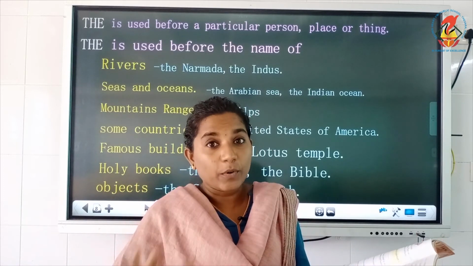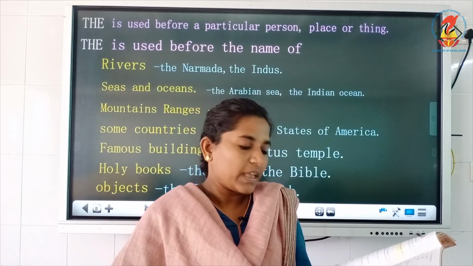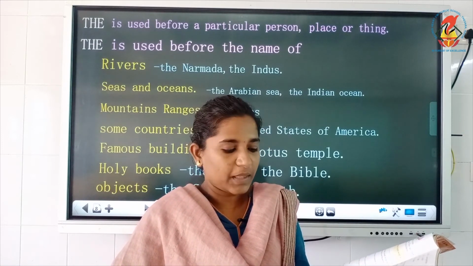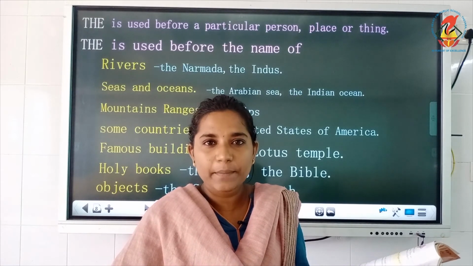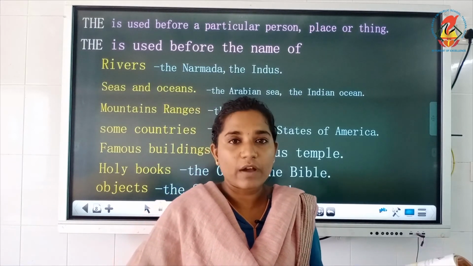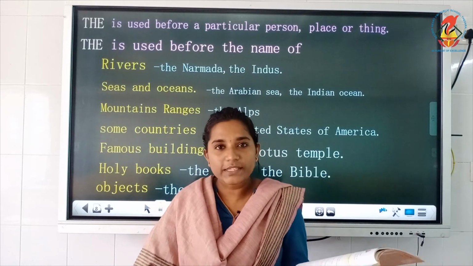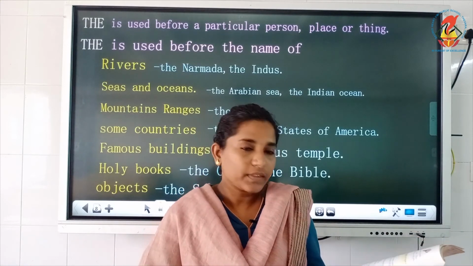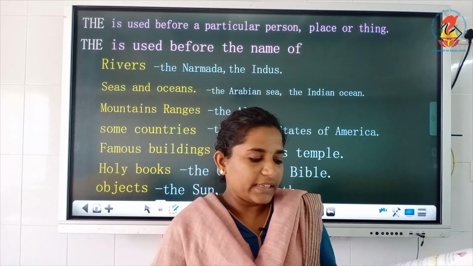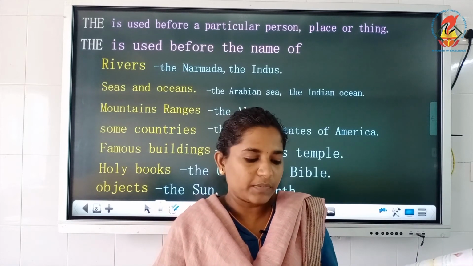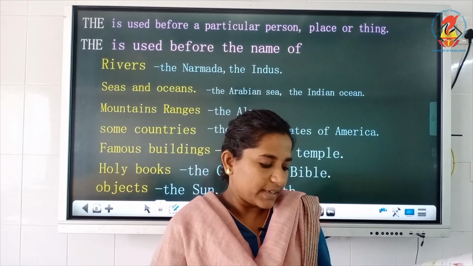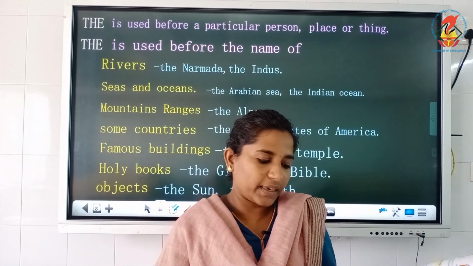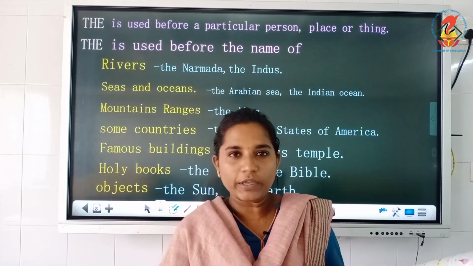I found a purse. The purse was lying under a table. A and an are used when we are speaking about something for the first time. The is used when we are speaking about the same thing in the following sentences.